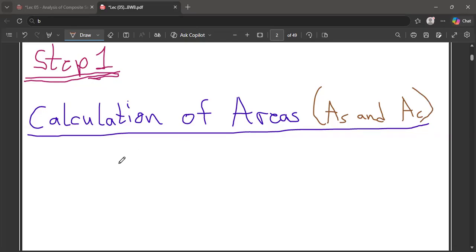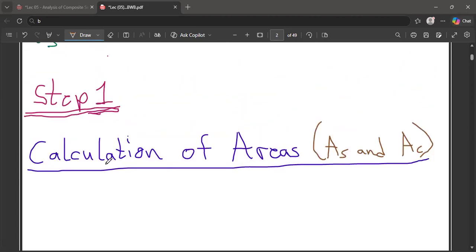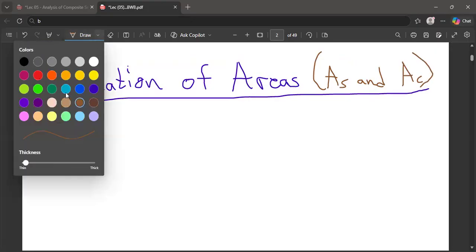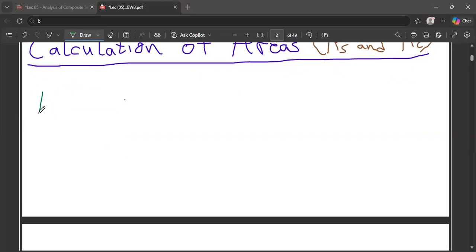Don't get confused. First, let's take the area of the steel rod and calculate for it. Then we can take the other one and calculate for it. So let's first calculate for the area of the steel rod.